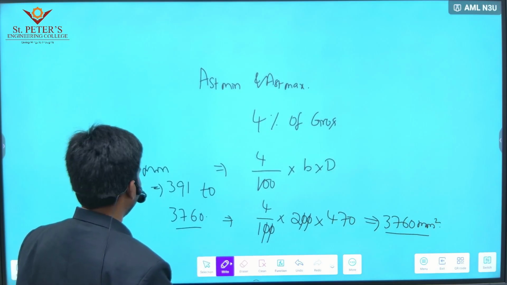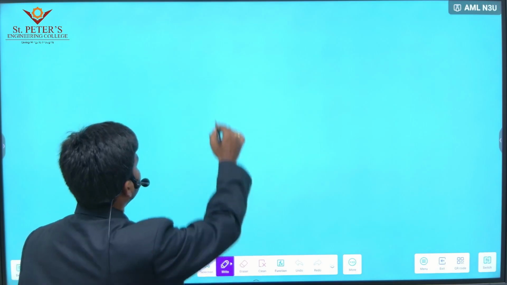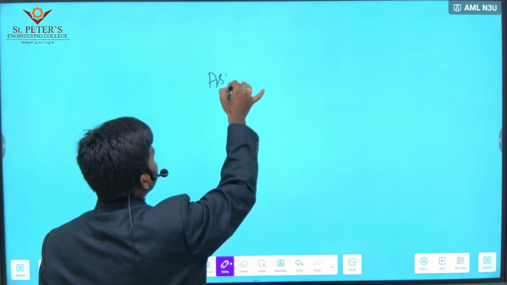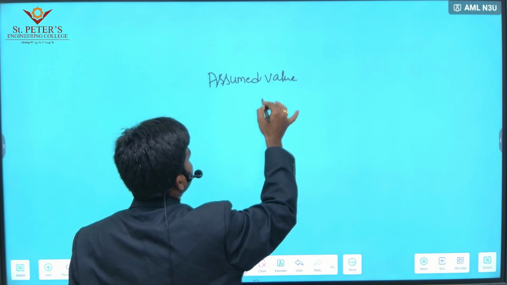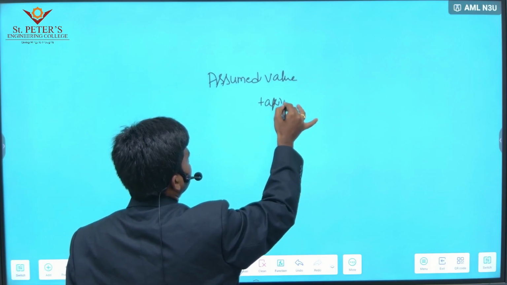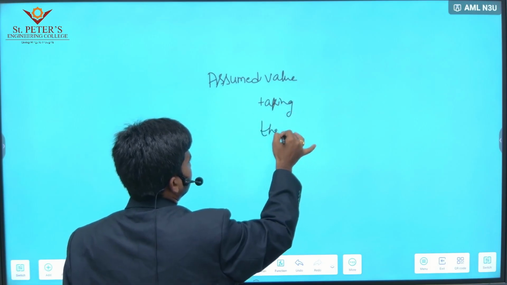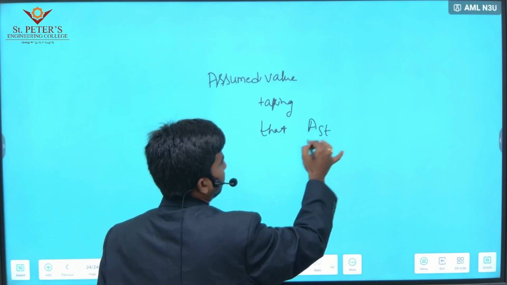Our assumed value, we are taking AST by A5.